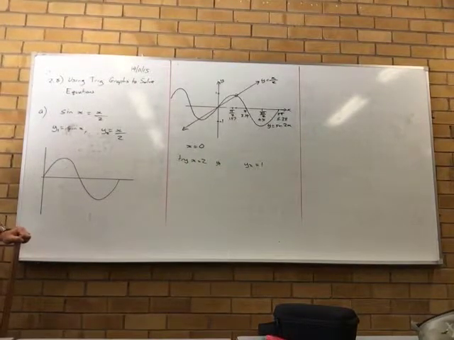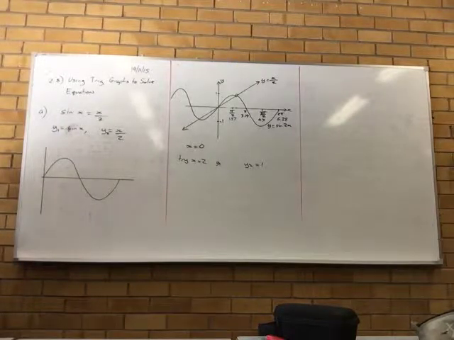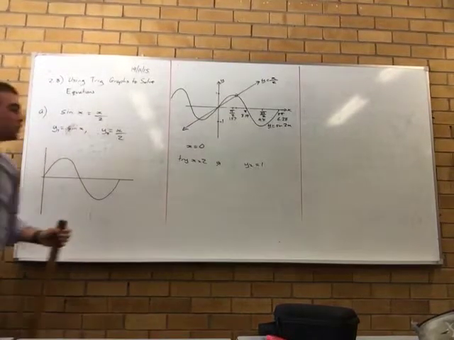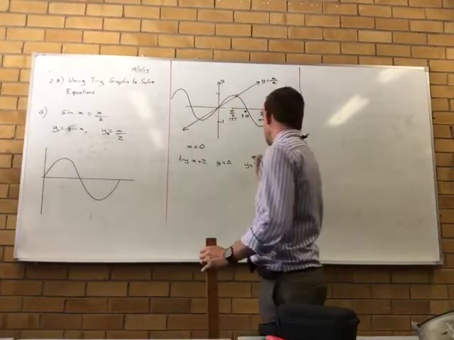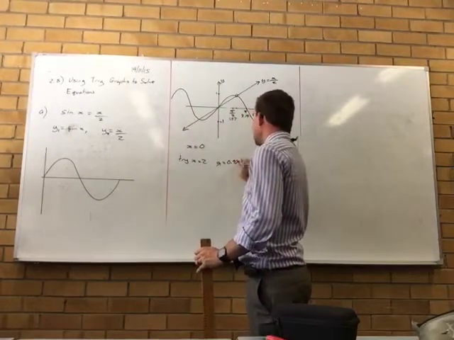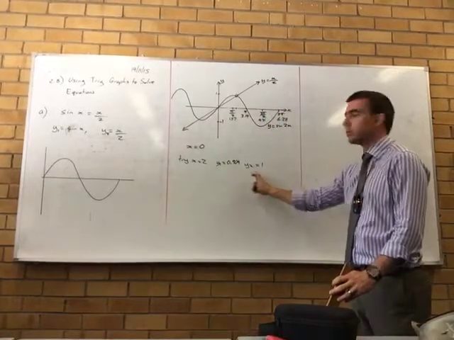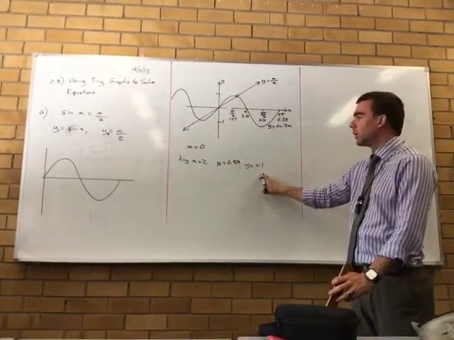Your calculator is set in radian mode, and I need you to calculate sine of 2 for me. 0.909. So we're close to the solution being equal for y1, y2.